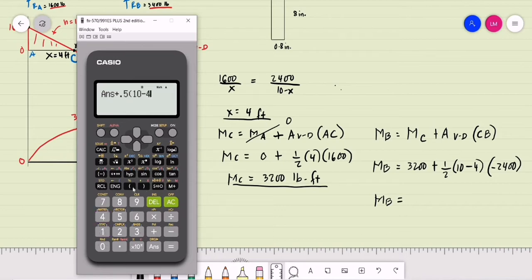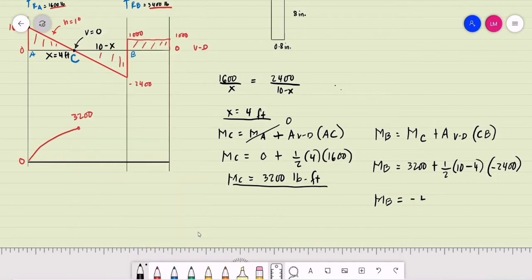The value of x is 4 feet, so this is 10 minus 4, and its height, the magnitude of the shear at that point, is negative 2,400 pounds. So we have the moment at B equal to negative 4,000 pounds-foot.